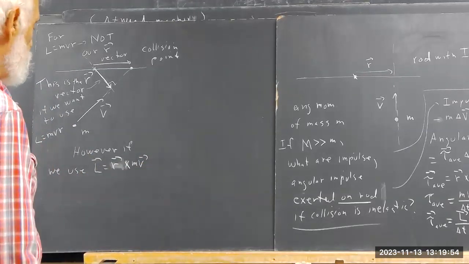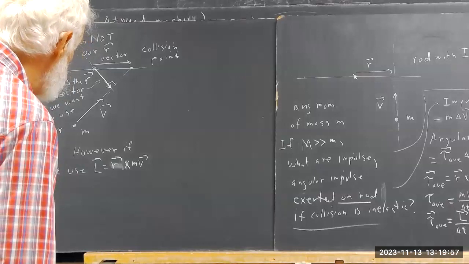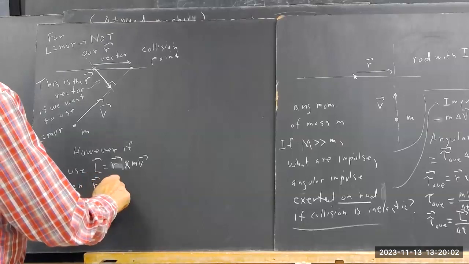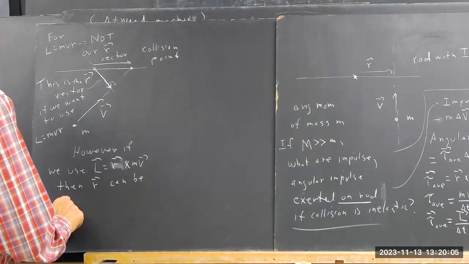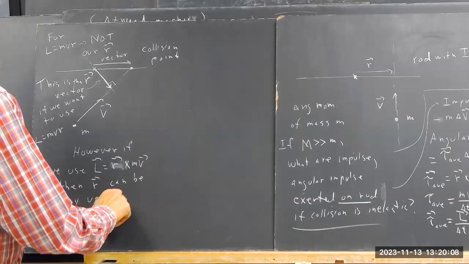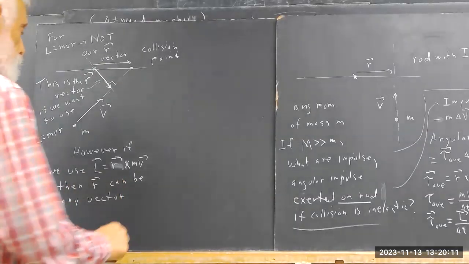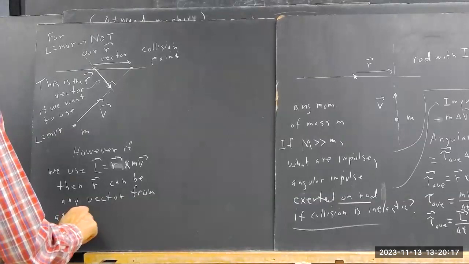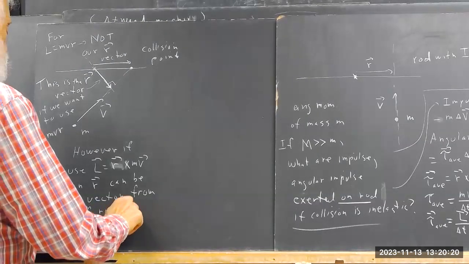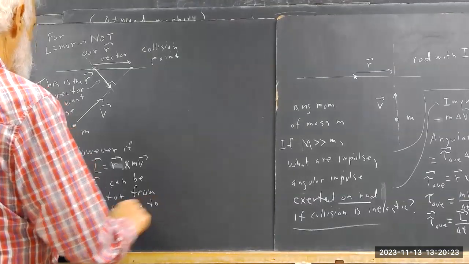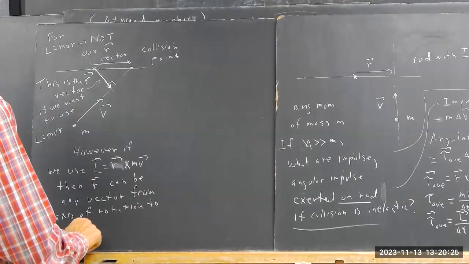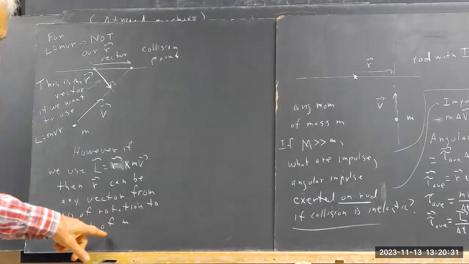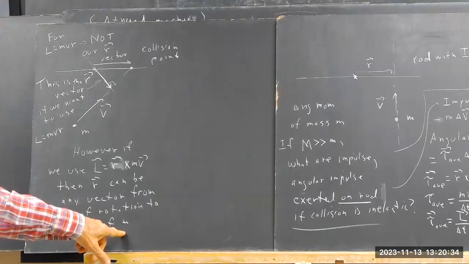If we use L equals R cross MV, R can be any vector, from the axis of rotation to the path of our mass.